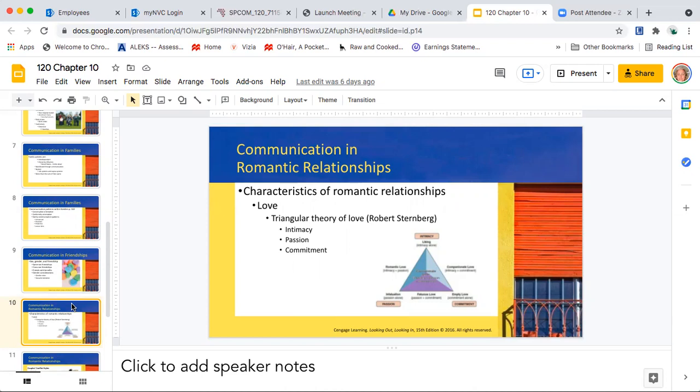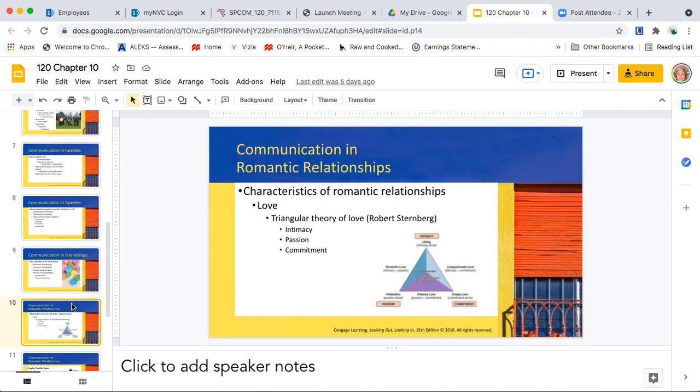So if you have the top left intersection, it's intimacy and passion, which equals romantic love. If you are on the top right of the triangle, it's compassionate love, which combines intimacy and commitment.